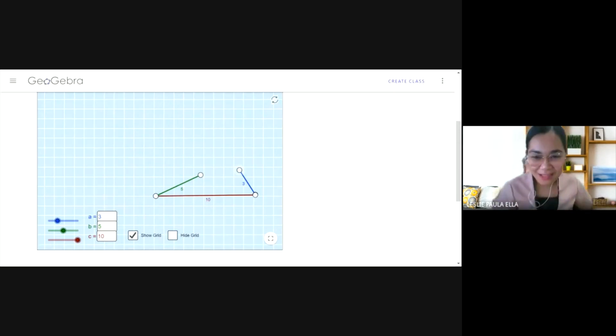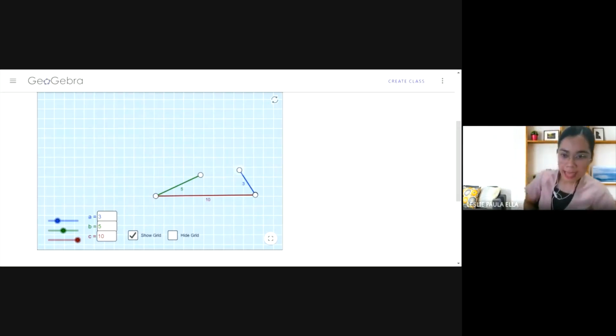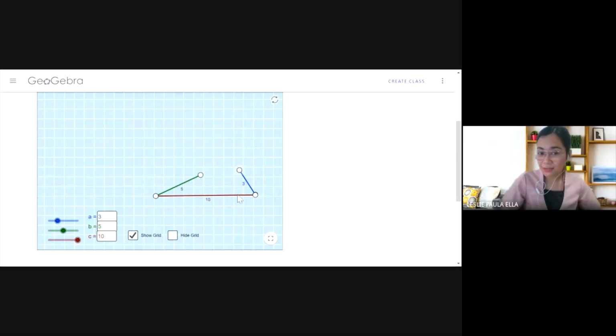Anyone who wants to answer? Angela, do you think that we have formed a triangle using the lengths 3, 5, and 10? Yes or no? Yes. How about the others? Do you think that this figure is a representation of a triangle?